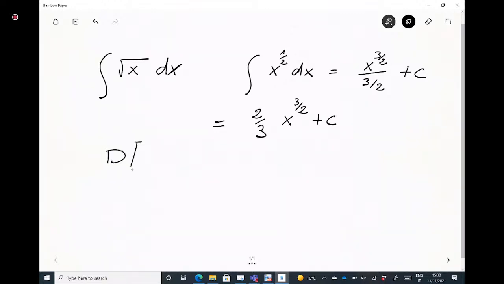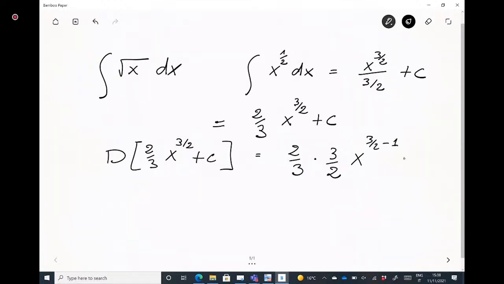Take the derivative. Plus c becomes 0 in the derivative. 2/3 times 3/2 times x to the power of 3/2 minus 1. You can simplify here, and this is the square root of x. So this is basically what we have to do.